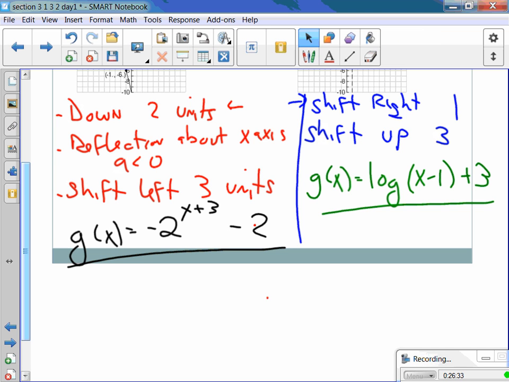Again, unless otherwise stated, always assume that we're dealing with a base 2 for our exponential, or just our common log for dealing with a logarithm function. No questions? You guys want to practice on this? And this, you have more than ample time to finish in class.